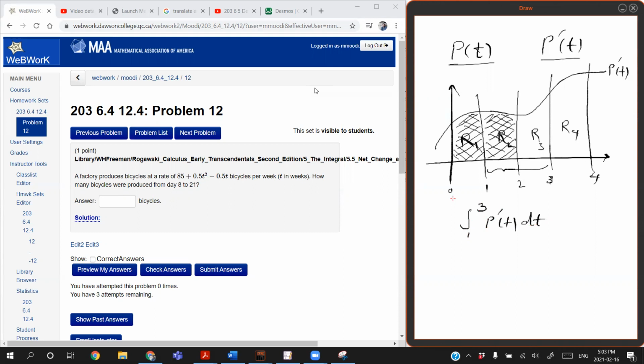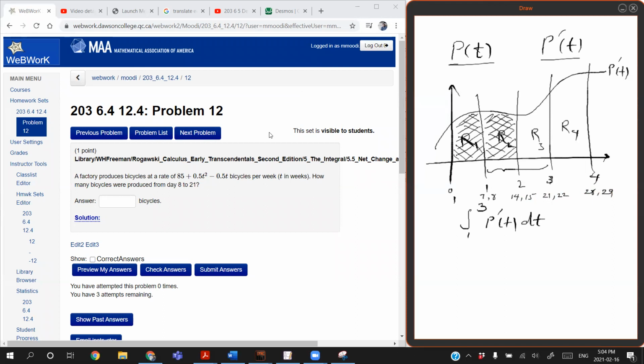And notice that 0 here represents the beginning of day 1. 1 represents the end of day 7 and beginning of day 8. 2 represents the end of day 14, the beginning of day 15. 3 represents the end of day 21 and the beginning of day 22. 4 represents the end of day 28, the beginning of day 29.